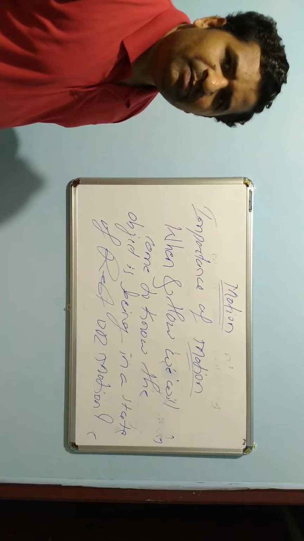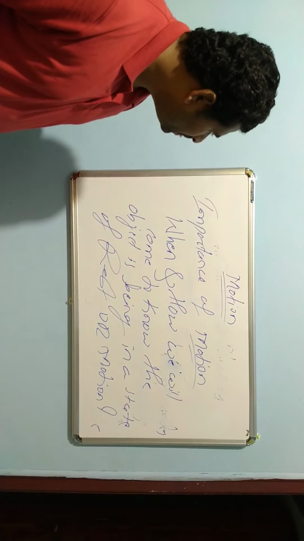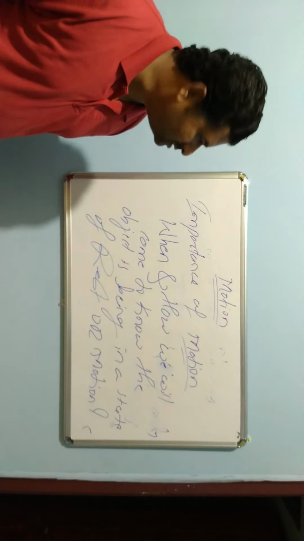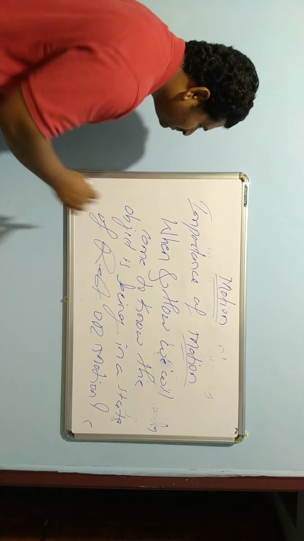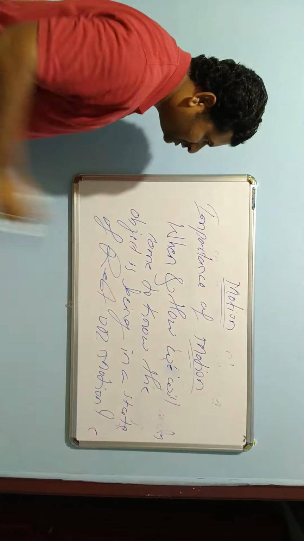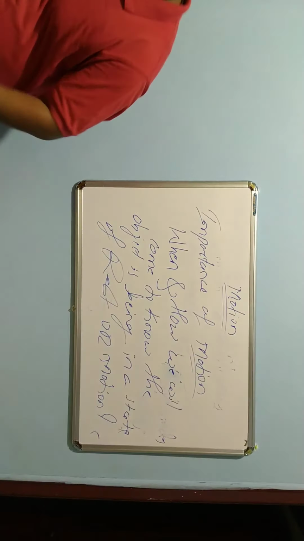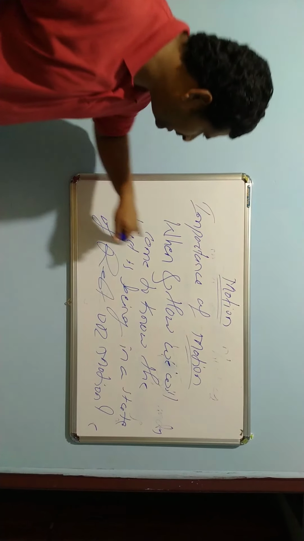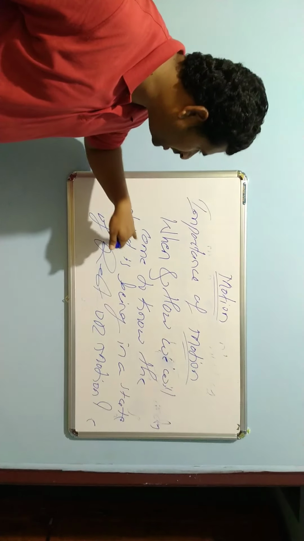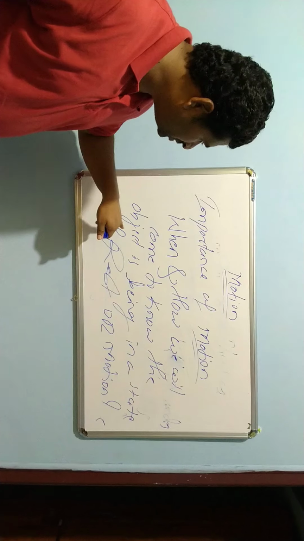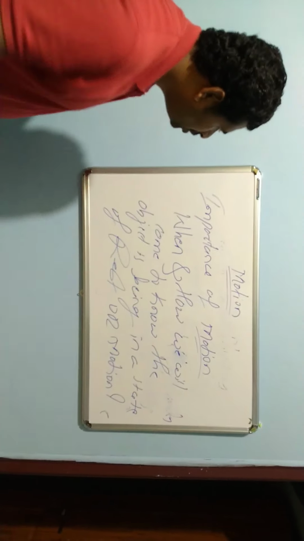I will explain this in three or four sentences. The question is like this: when and how will we come to know an object is in a state of rest or motion?